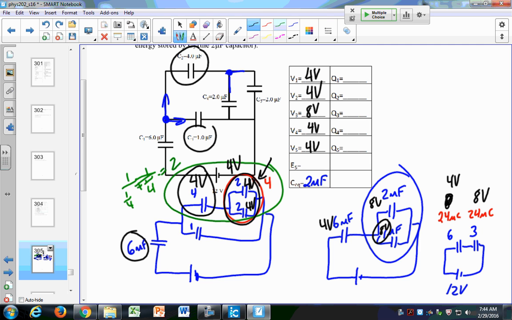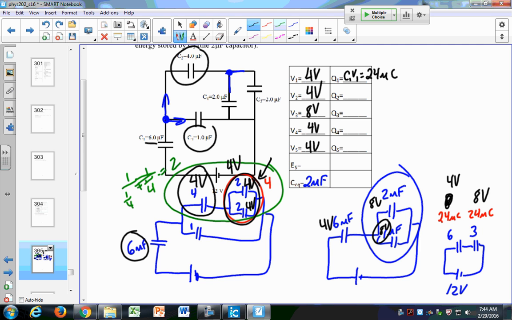And then once you find all the voltages, you just go back through and you say Q equals CV. Q1 is C1 V1. C1 was 6 microfarads, so it's going to be 6 times 4 or 24 microcoulombs. And then you can do the rest for the others. Okay, we have C2 is 4, so 4 times 4 is 16.